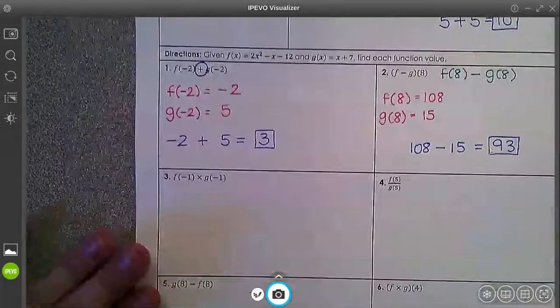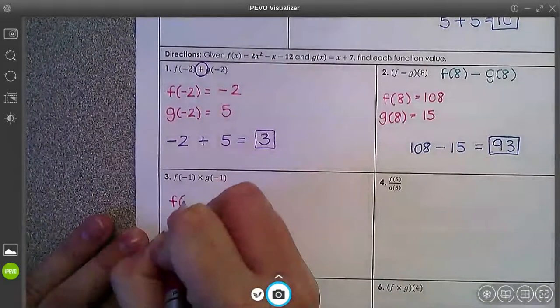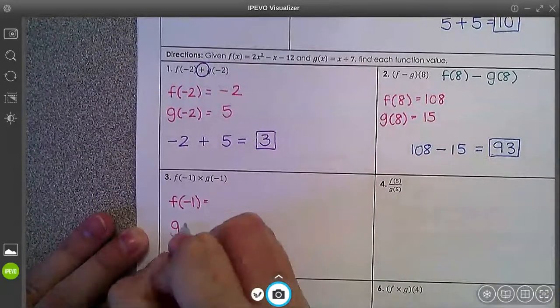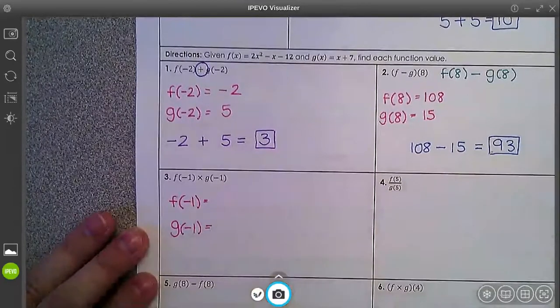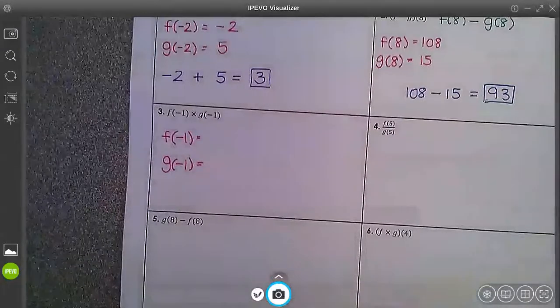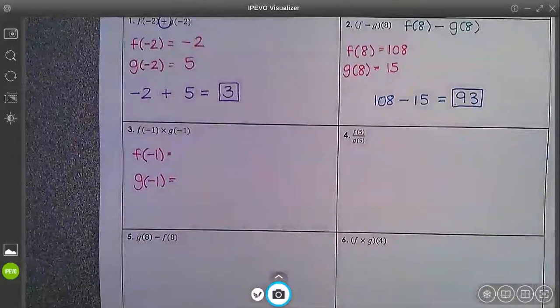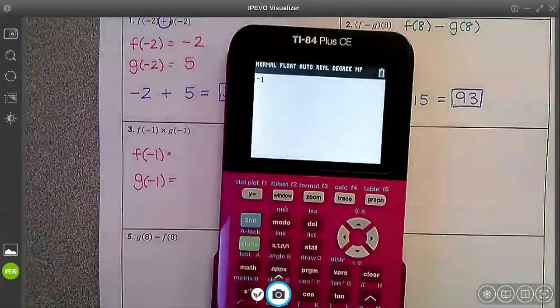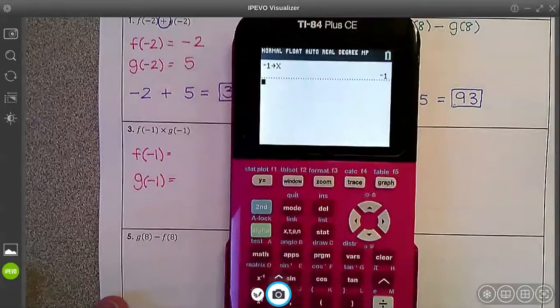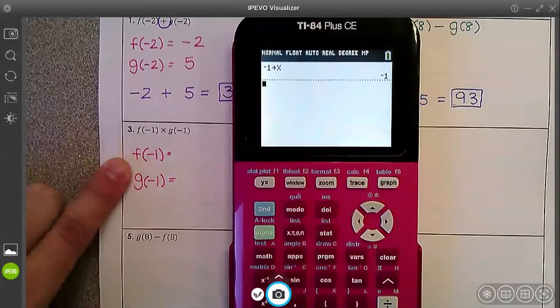All right, let's try number 3. F of negative 1 and g of negative 1. So negative 1, store that as x. And then we're typing in the f function.